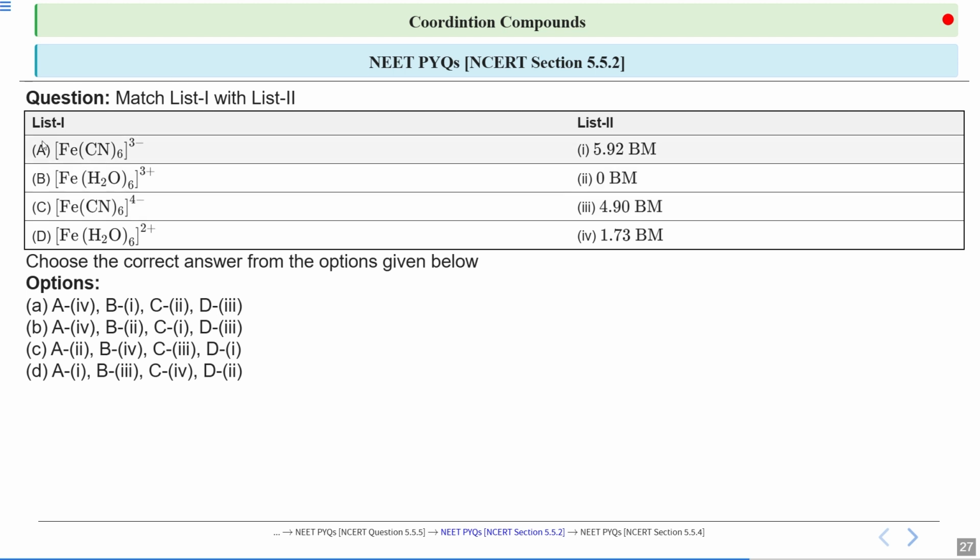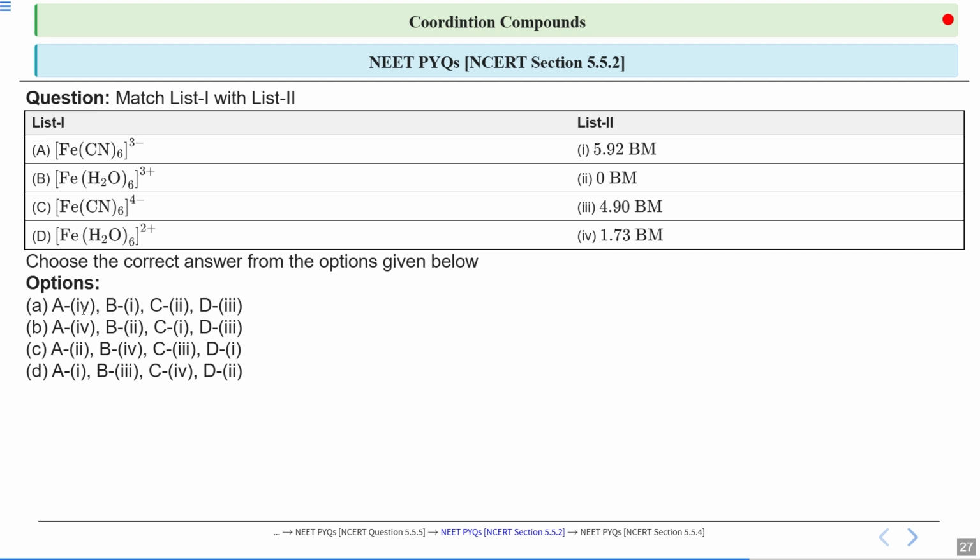List 1 has the complexes [Fe(CN)6]3-, [Fe(H2O)6]3+, [Fe(CN)6]4-, and [Fe(H2O)6]2+. Similarly, in list 2, we have the magnetic moment values: 5.92 Bohr magneton, 0 Bohr magneton, 4.90 Bohr magneton, and 1.73 Bohr magneton. You have to choose the correct answer from the options given below.